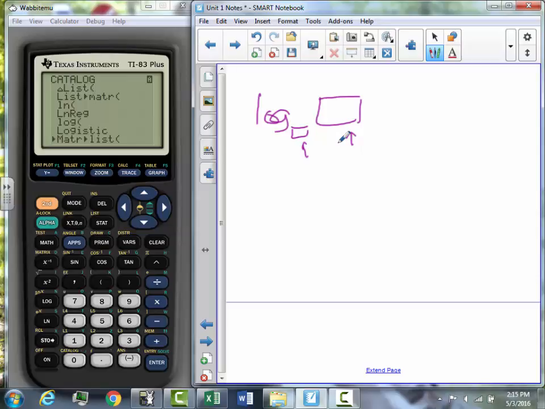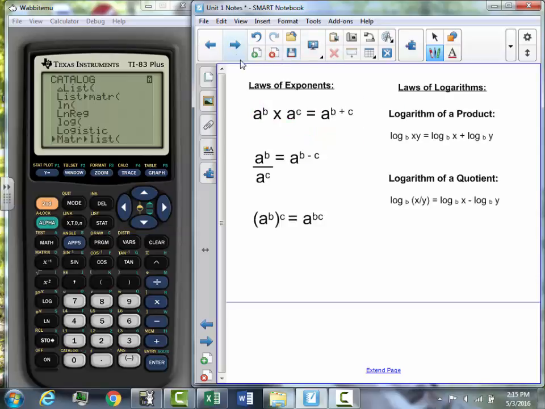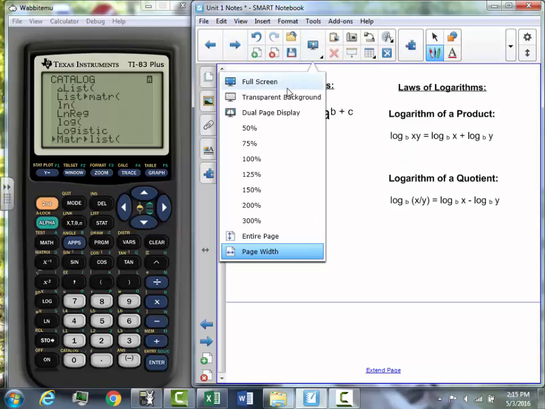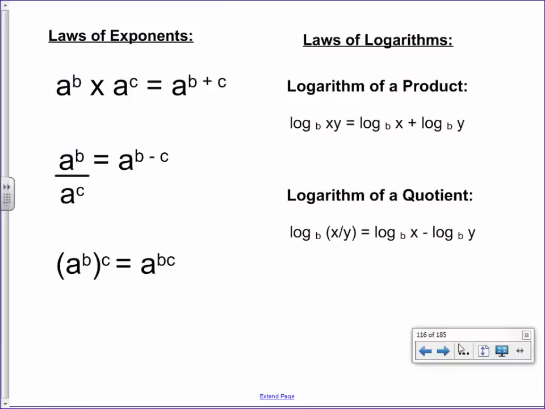So what I'm going to do now is start showing you some of the laws of logarithms that there are. This slide right here shows a couple of rules involving exponents. And hopefully you remember these rules because we've used them already. If you multiply exponents, it's very similar to adding them. If you divide them, it's like subtracting.